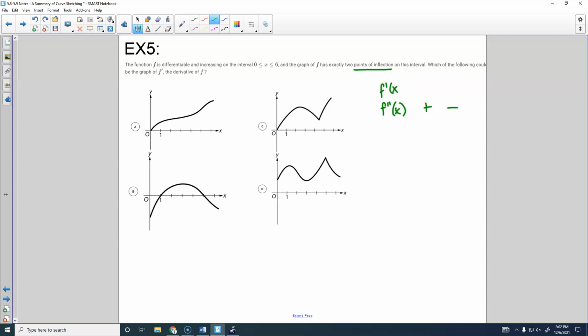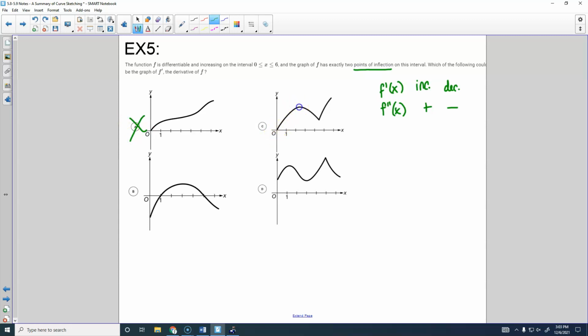But we only have the graph of f prime. So, if the second derivative is positive, what does our derivative look like? Increasing and decreasing. So, for a point of inflection, we should have our graph switch from increasing to decreasing twice if we've got 2 of them. This one increases everywhere. It is not right.